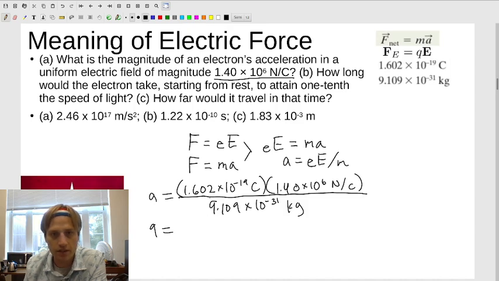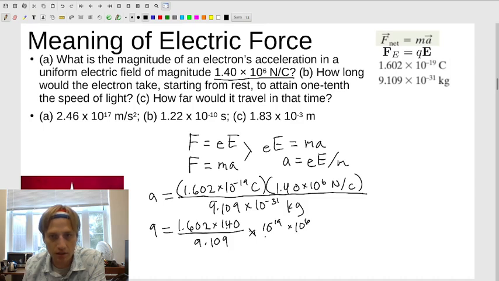So that would be 1.602 times 1.40 divided by 9.109, times 10 to the minus 19th times 10 to the 6th over 10 to the minus 31, so that's going to be times 10 to the 31. If I plug all those numbers in, I'm going to get a big acceleration, 2.46 times 10 to the 17th meters per second squared.